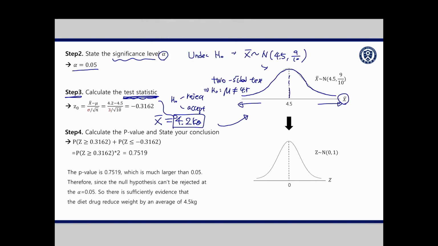The 4.2 kilograms is on this side, and since the test is two-sided, this distance is 0.3. So 0.3 above 4.5 is 4.8. This area means the p-value.